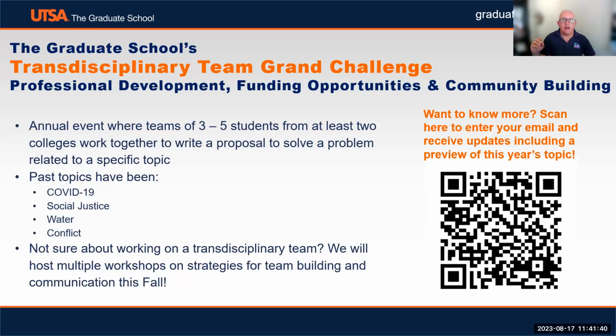Past topics have been COVID-19, social justice, water, and conflict. So what Dr. Weston develops is the general overall topic, and then you work in a transdisciplinary team to come up with a research grant proposal. I believe that's my understanding.